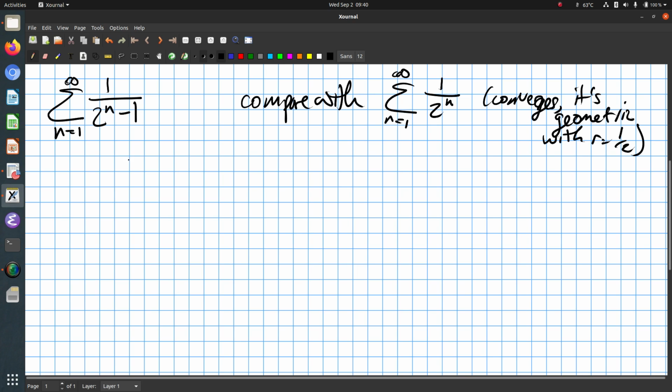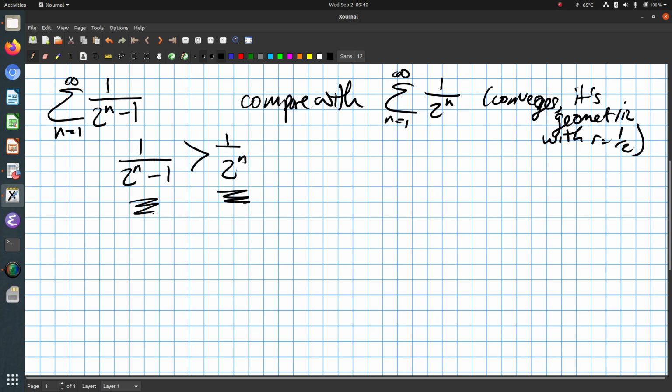But if you go ahead and you look at the terms, right away, well, I've subtracted something from the denominator here. That makes the denominator smaller, which makes the overall fraction bigger. So the regular comparison test would say, this guy's got to be bigger in order to force convergence of this guy.